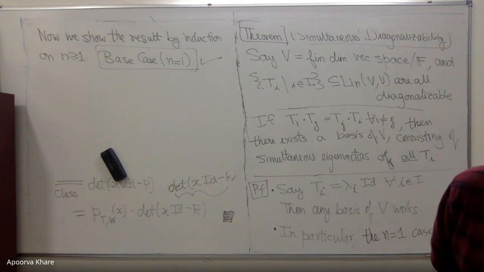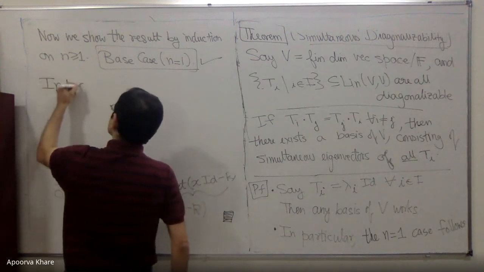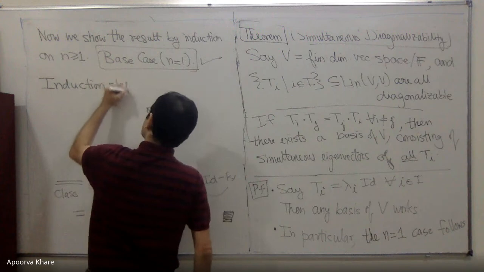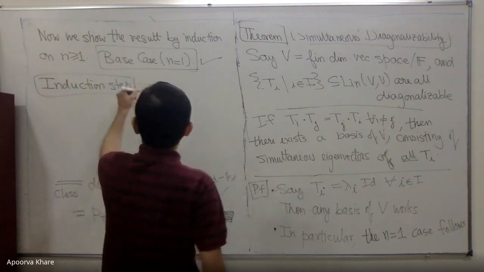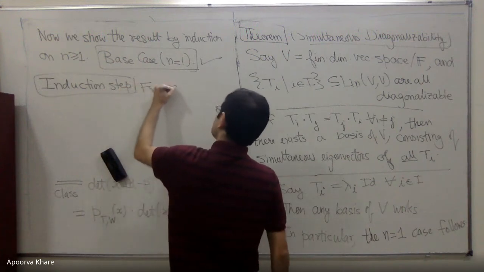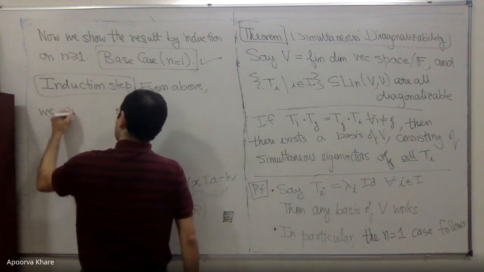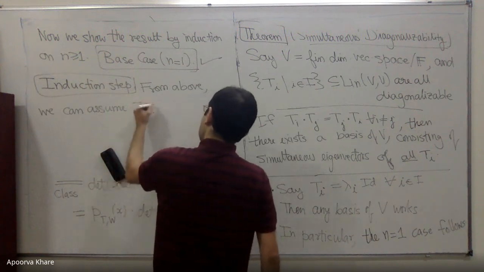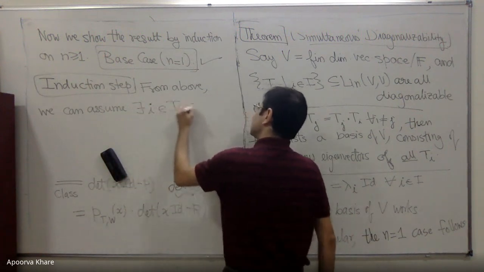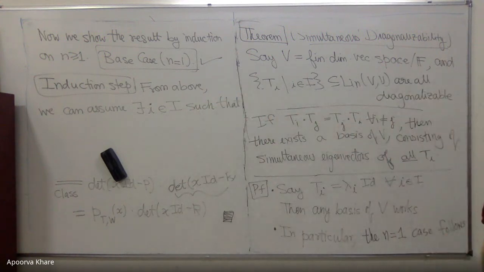In the induction step, we can assume by the previous point that there exists an i such that Ti has at least two distinct eigenvalues.